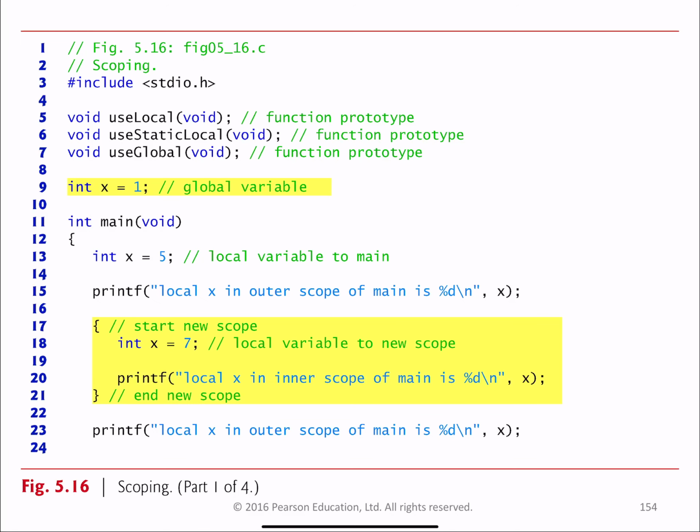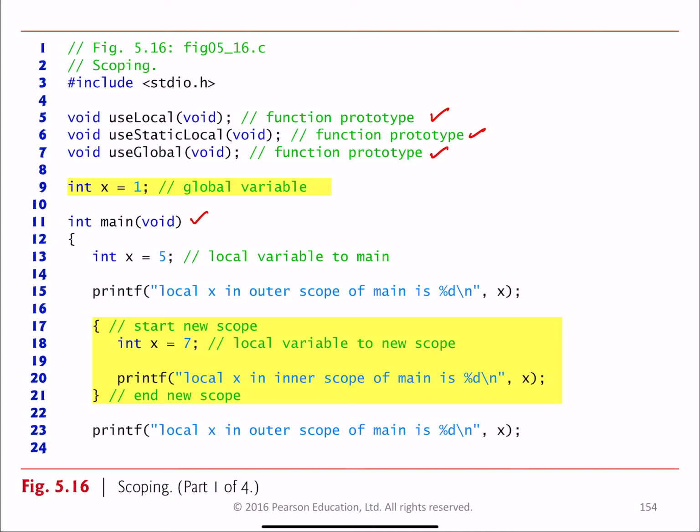So let me jump to the example straight away, and instead of going through the textual description, you can read that on your own in the slides. Let me explain the same thing through the source code itself. In this example, we have a main function, and in addition to that main function, we have three other functions.